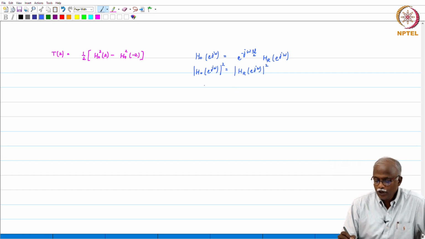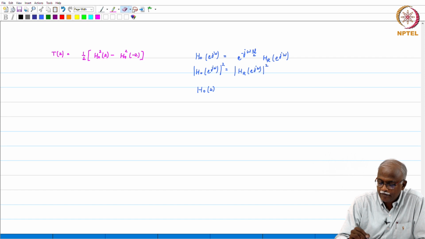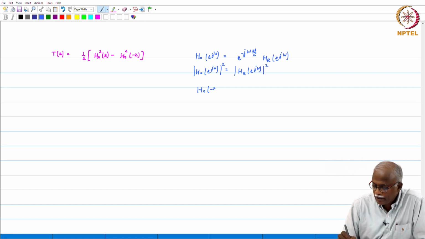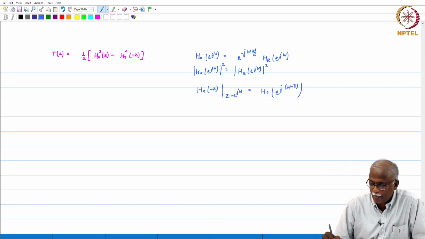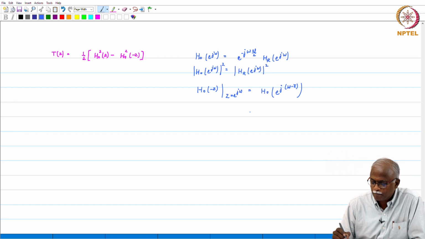Now H naught of minus z evaluated on the unit circle can be expressed in the following manner. This can be shown to be equal to H naught of e of j omega minus pi. So now substitute the expression for H naught.